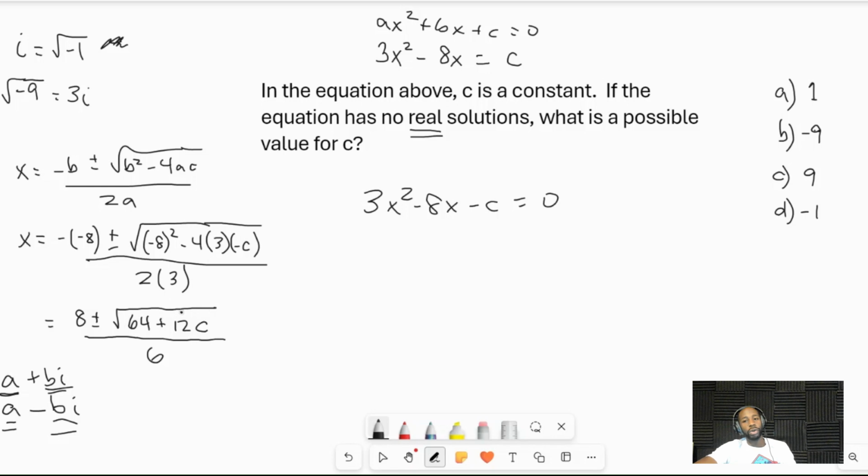The first one won't give you a negative, because that would be 64 plus 12. That wouldn't work. What about -9? -9 times 12 is -108, so that would actually work. Positive 9 wouldn't work, and -1 would work as well. So the answer to this is B, or -9.